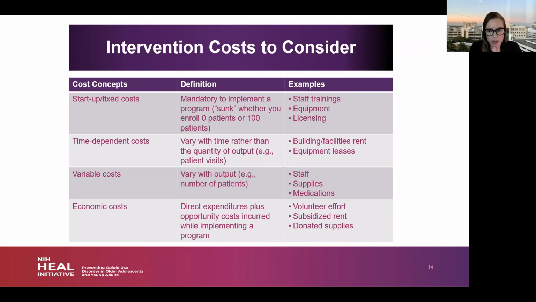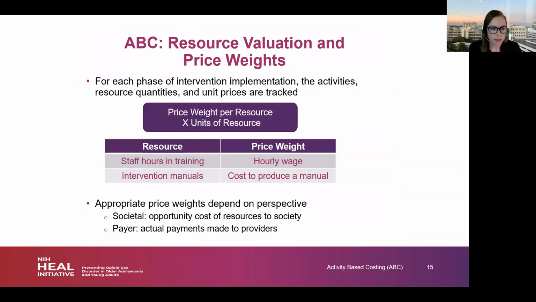Then we have variable costs, which are based on the number of individuals receiving the intervention, and some examples are things like staff or supplies or medications. And finally, economic costs, which are important for the societal perspective that I mentioned and represent subsidized and/or donated resources.